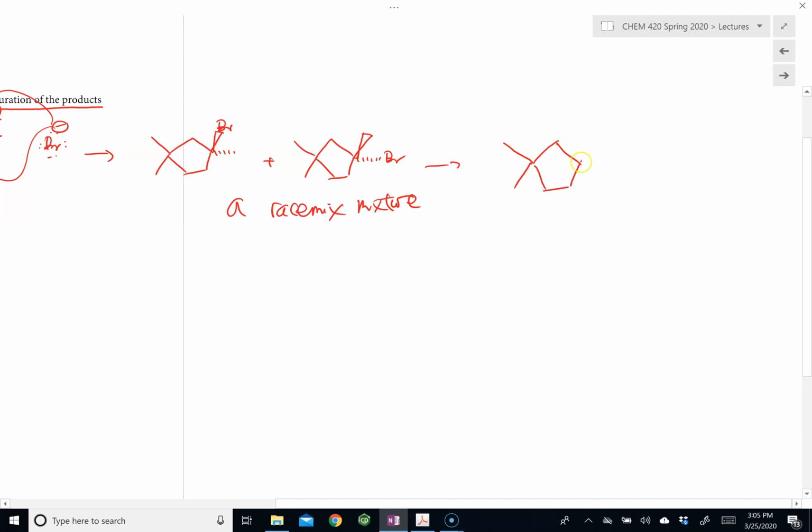So here in this case, we would be dashing this bond, Br, and the other one is the methyl group. But this is a wiggle bond, meaning it can be either on top or on the bottom.